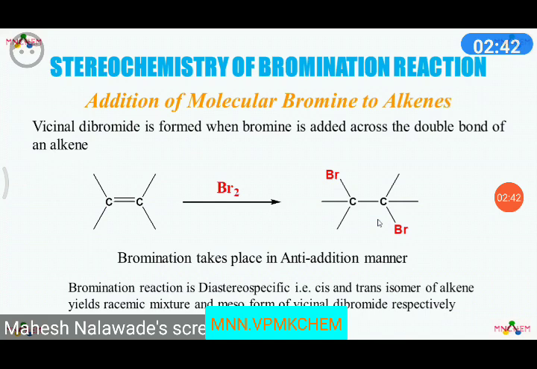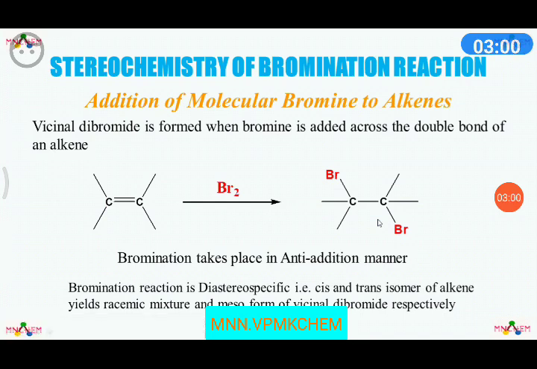Bromination reaction is diastereospecific, that is, cis and trans isomers of alkene give a racemic mixture of vicinal dibromide and the meso form of vicinal dibromide respectively. Here we can say a specific diastereomer of reactant gives a specific diastereomeric form of product.